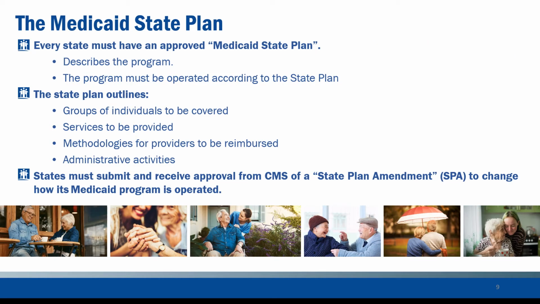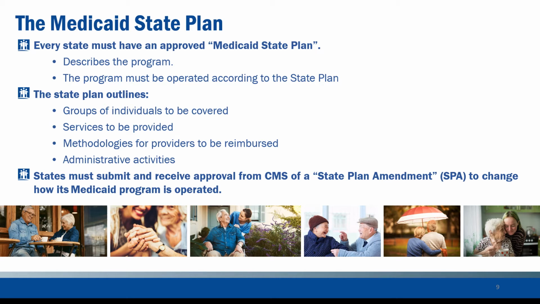As we have noted, the states are provided with federal guidelines in establishing their own Medicaid state plan. Everything that happens in the state under Medicaid has to be approved through the Medicaid state plan. The Medicaid state plan describes the program, and it also describes how the program must be operated in accordance to the state plan, approved by the federal government.